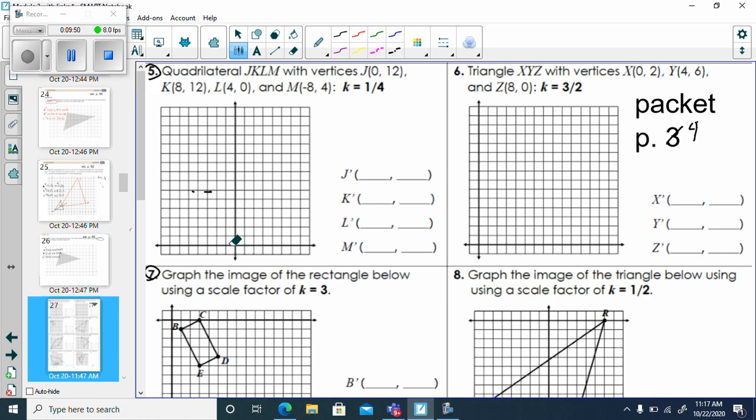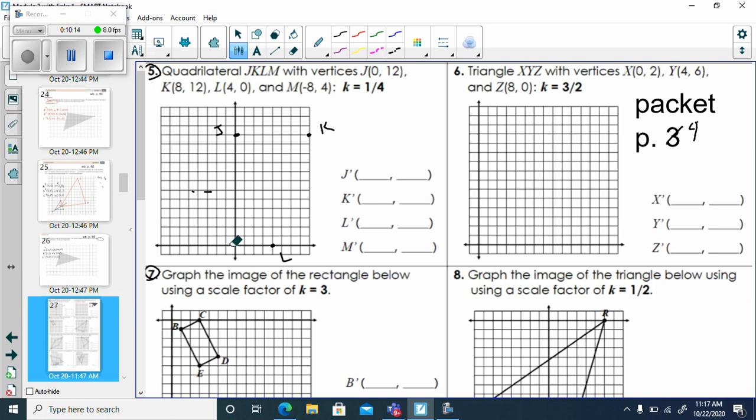J, which is 0, 12: 0, 1, 2, 3, 4, 5, 6, 7, 8, 9, 10, 11, 12. There's your J. K is at 8, 12. 1, 2, 3, 4, 5, 6, 7, 8, and 12. There's K. L is at 4, 0. 1, 2, 3, 4, 0.